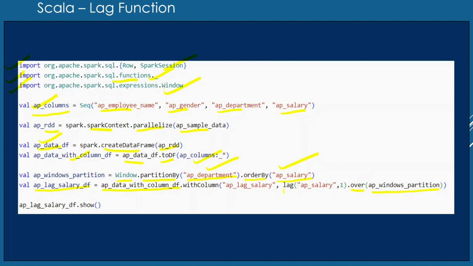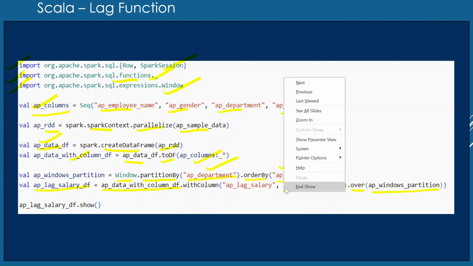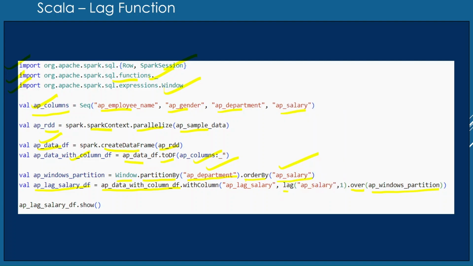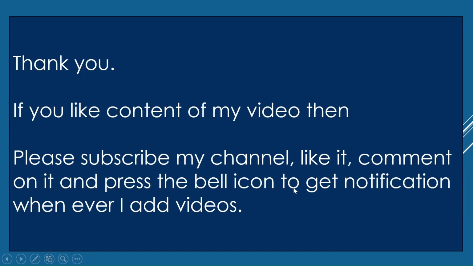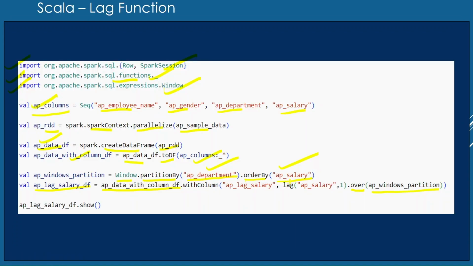Then this lag function will come into the picture. So I am calling this lag function. What is it going to do? It will look at this AP salary value and see the previous value. Lag means previous value.